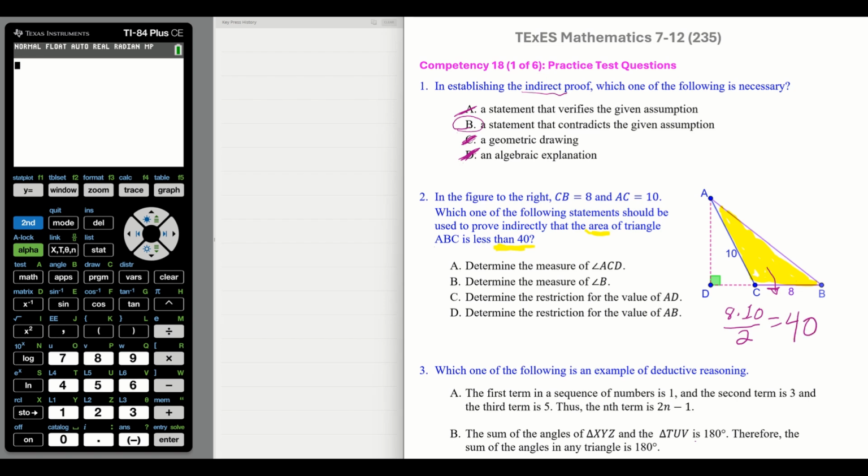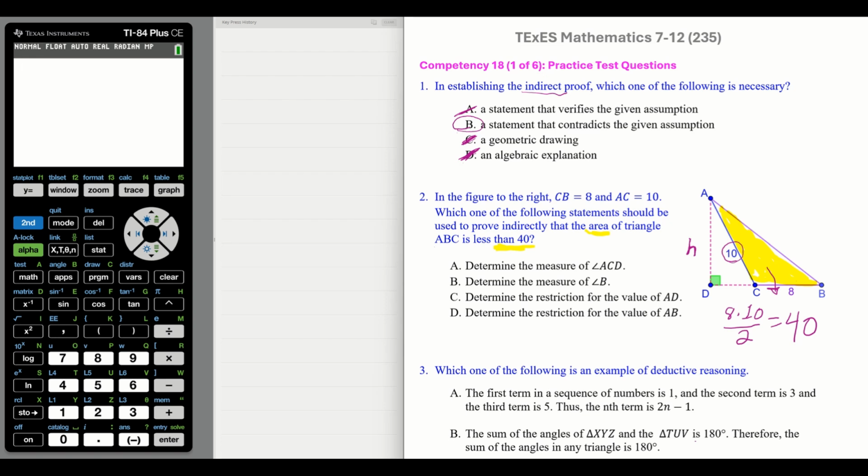We're going to say, okay, if it's 40, then its height right here is 10. Hang on a second. But we have an issue. We know that this height right here has to be the height of the large triangle created.